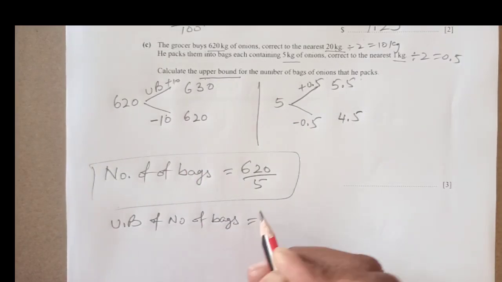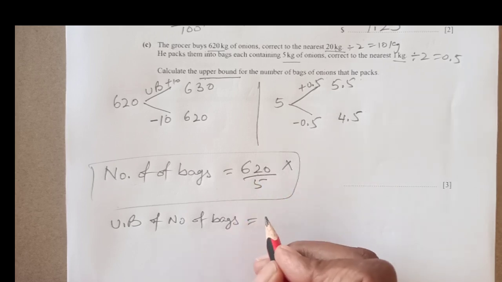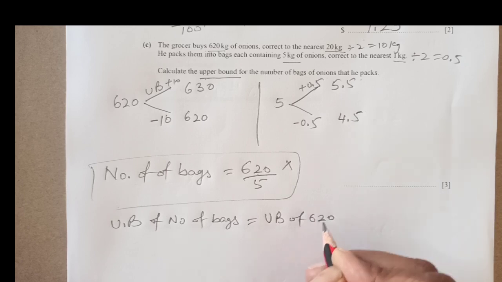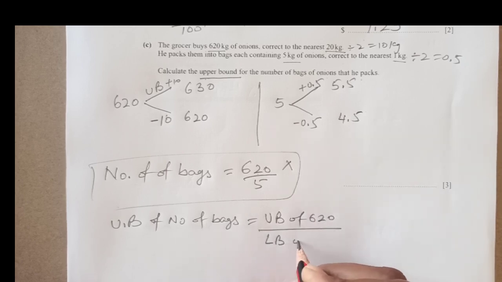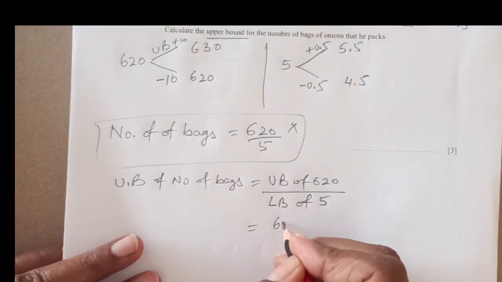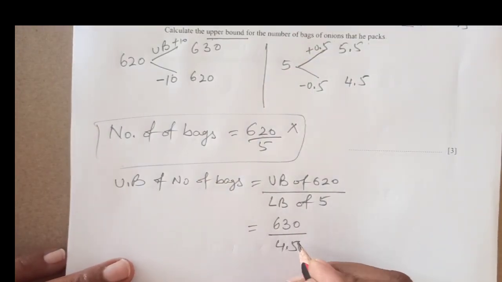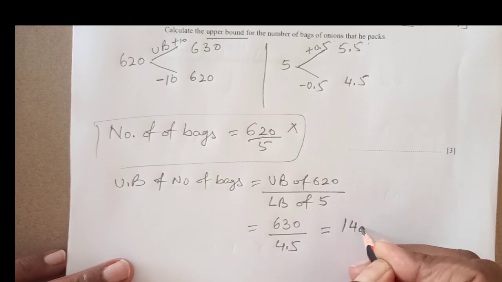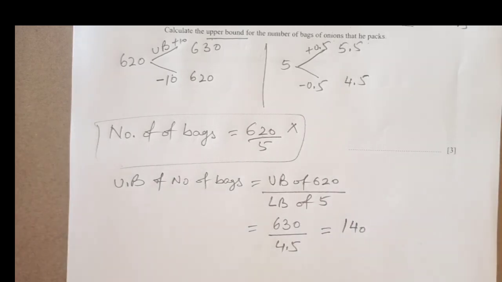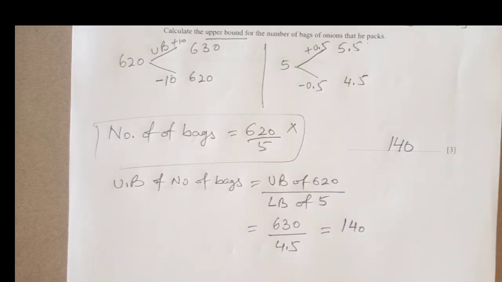So we are not going to use this one directly, but we are going to take the upper bound of 620 divided by the lower bound of 5. Upper bound of 620 is 630, lower bound of 5 is 4.5. So calculate this. This is 140. So the final answer is going to be 140.